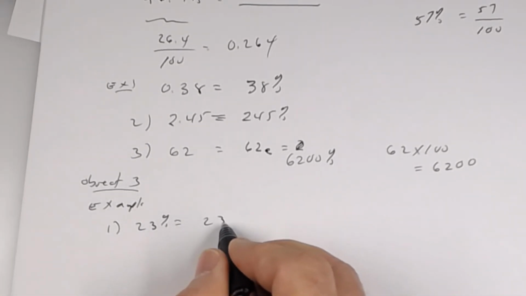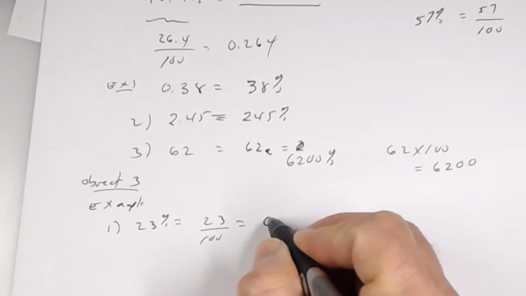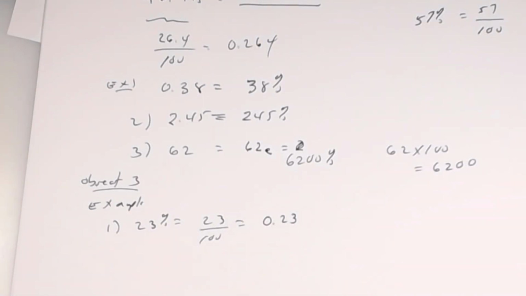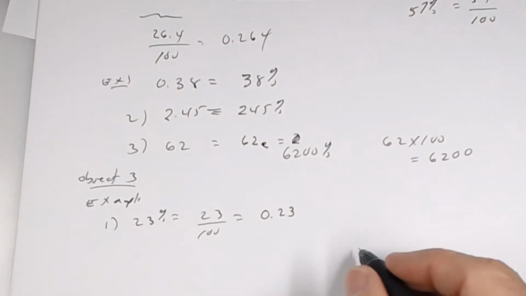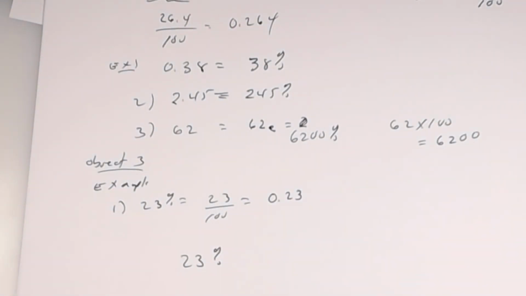So you can say 23 divided by 100, and then what's that on your calculator? Okay, 0.23. Or you could have just taken a decimal point and moved it how many places? It's always going to be 2 because you're dealing with percent, per 100. So 2 places. You just got to remember, well, do I move it 2 places right, 2 places left? But if not sure, just go ahead and change the percent symbol to per 100.